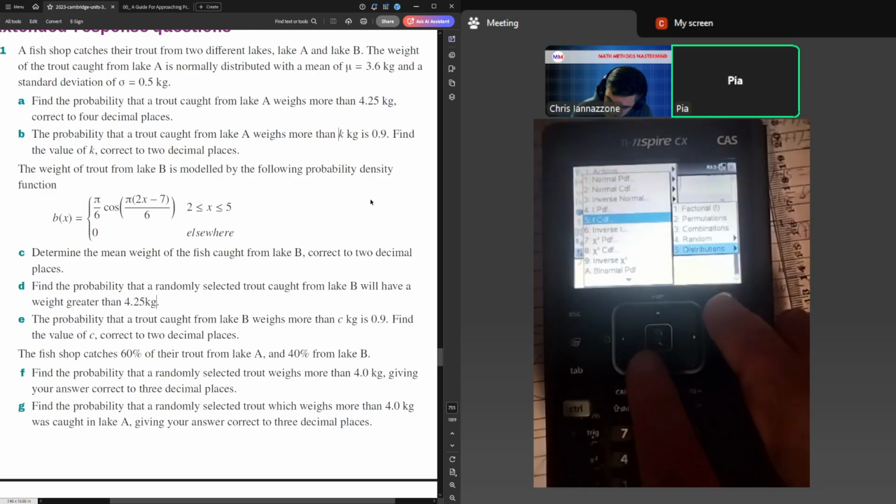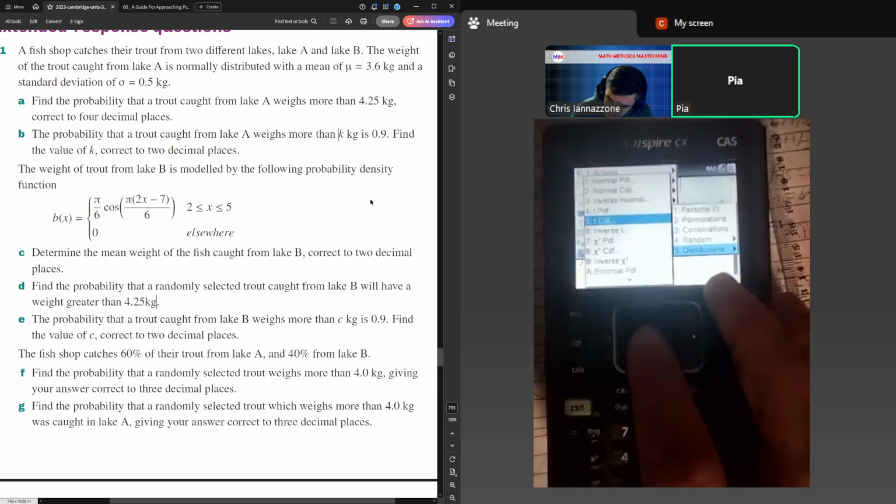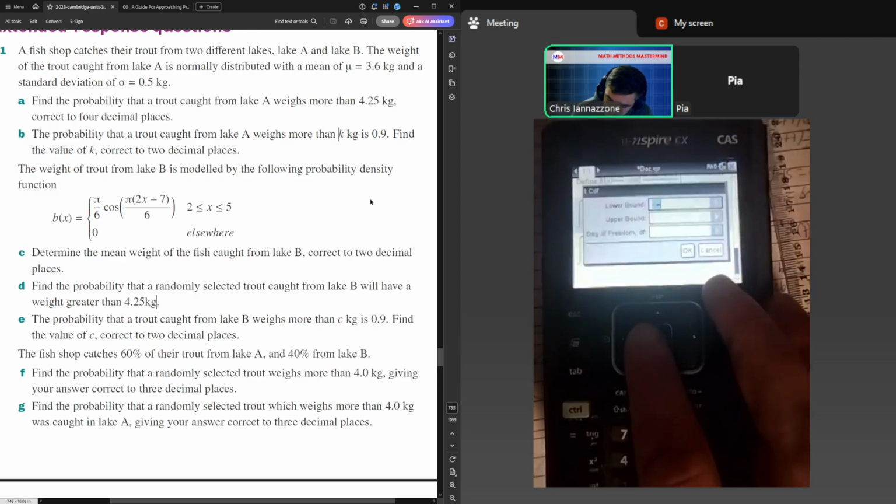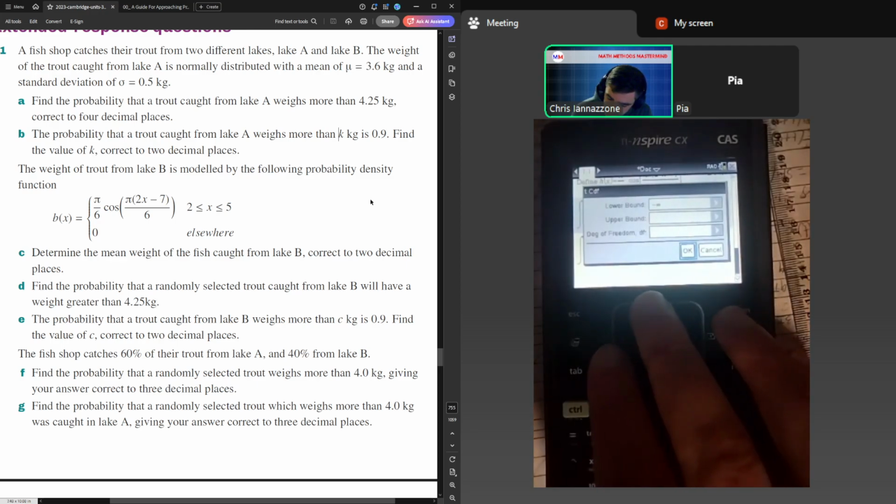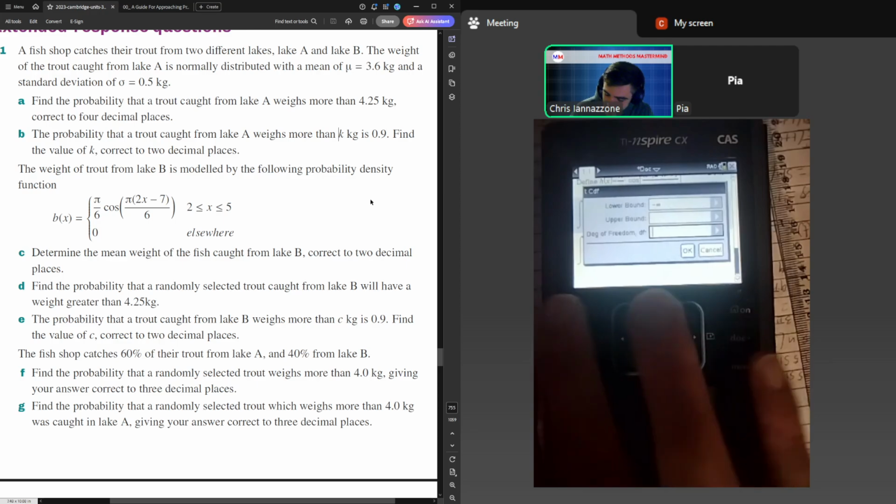Is it 5? TCDF. I don't actually know what this is. I feel like this is a physics thing because they've got degrees of freedom in there. But it's not quite that one, no.